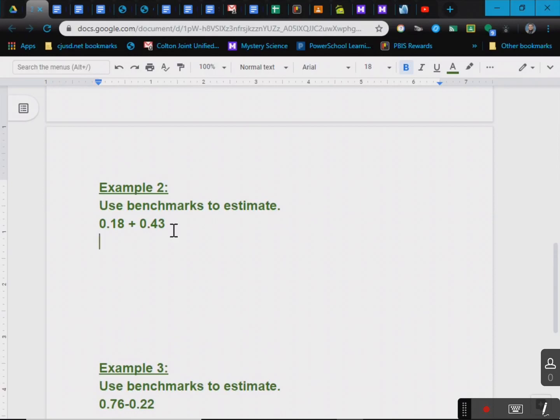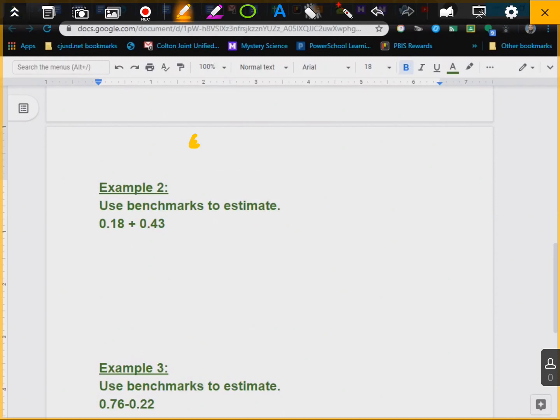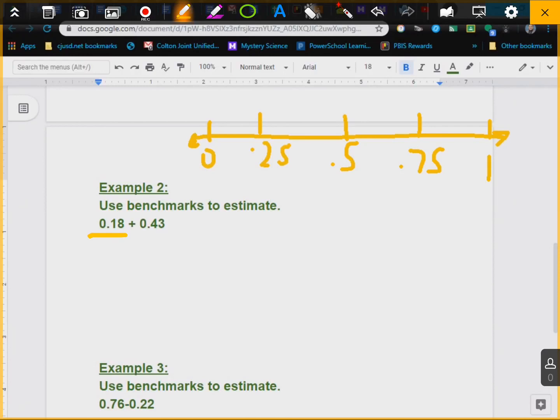Okay? So I know 0.18, like if I had a number line right here, and I had 0.25, which is 0.25, 0.5, 0.75, and 1, well, I know that 0.18 is going to be somewhere between 0 and 0.25.